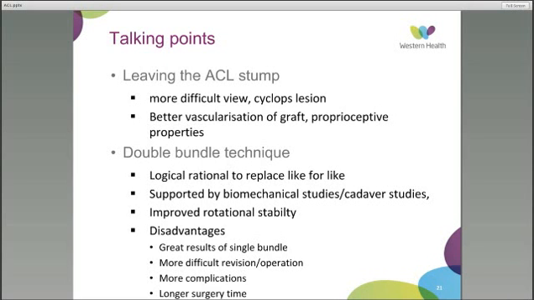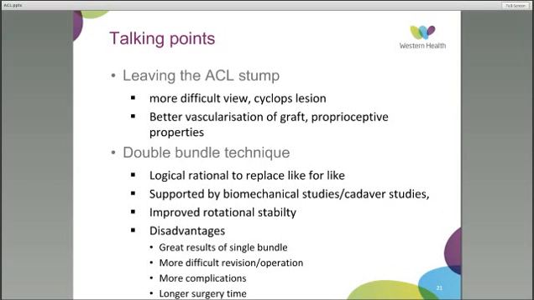A variety of fixation techniques are used, but an RCI screw is commonly used on the tibia. We often put patients in a Zimmer knee splint post-operatively, either for 2 weeks or until physio thinks they've got adequate quads control to safely walk.